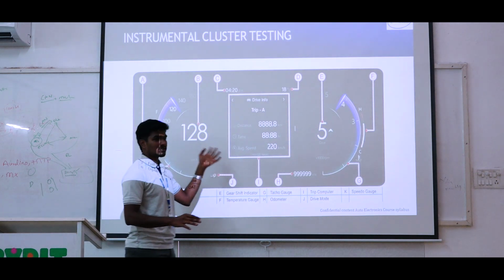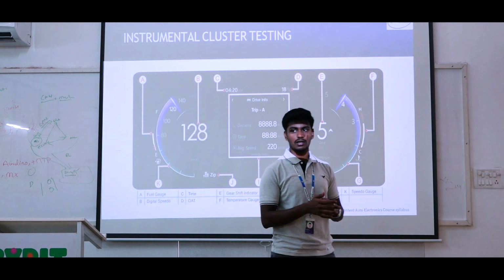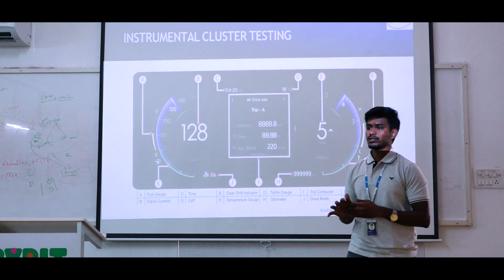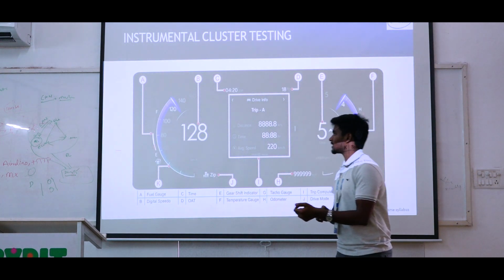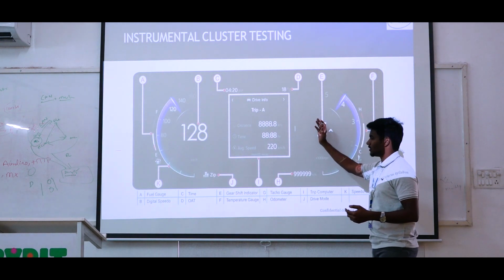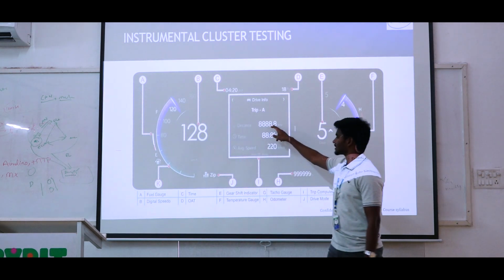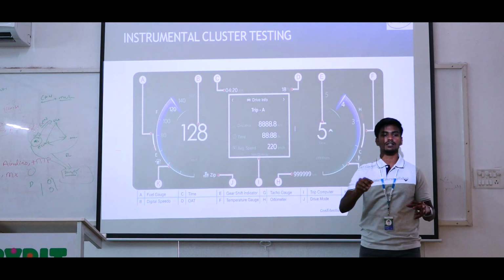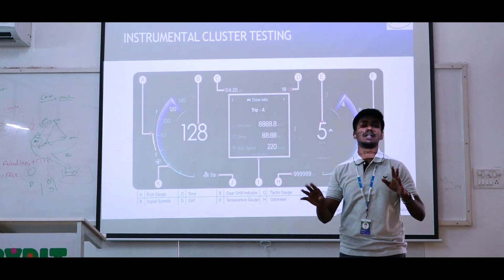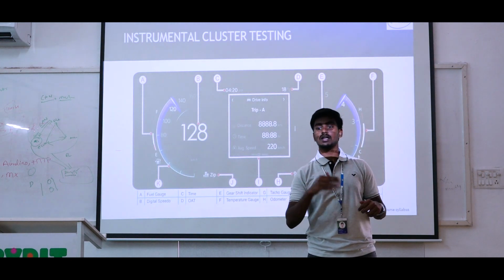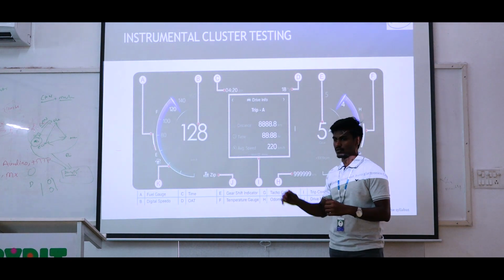So this is called the instrument cluster. Our car dashboard is called the instrument cluster. So it is also called instrument cluster testing. Testing means we use the gear shift, vehicle speed, engine speed, distance, time, and some indications. This instrument cluster does not transmit any values. This is one advantage for understanding this easily.